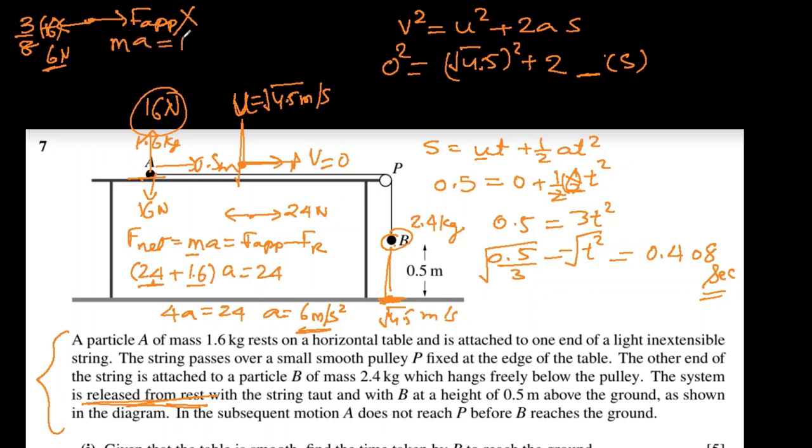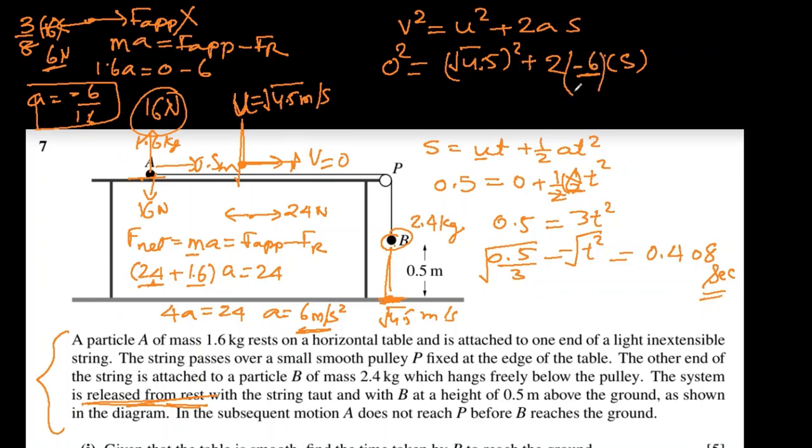Ma equal to applied force minus resistive force again. This time the mass B is not moving, so we'll take only 1.6 kg. 1.6 A equal to no applied force minus 6 Newton, which is resistive force. So acceleration is negative 6 over 1.6. We got it, the acceleration. Let's use it here. Minus 6 over 1.6.